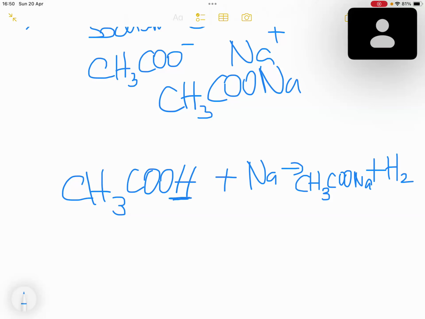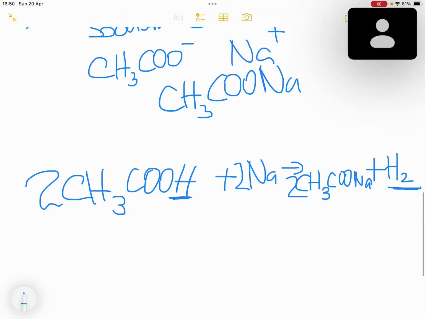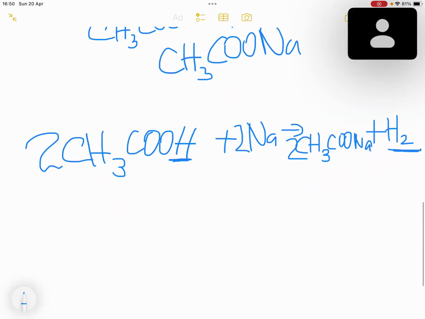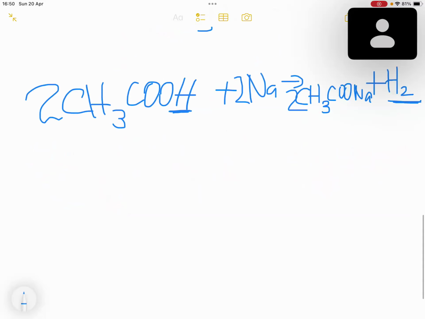Because it's only one hydrogen replaced and we form hydrogen gas, which is diatomic. To balance this equation, we're going to put a 2 here, a 2 here, and a 2 here. So that's how we're balancing the equation. To get H2, we would need 2 acid molecules, and then we would get 2 salts. And if we get 2 salts, we would also need 2 sodium.